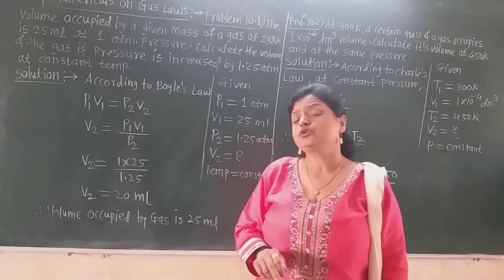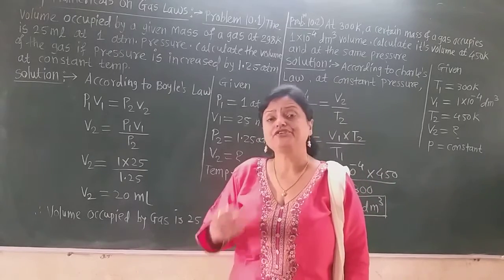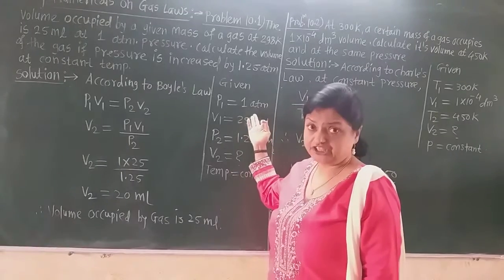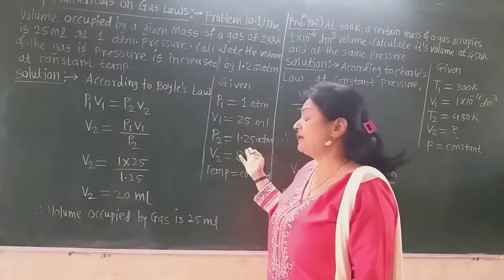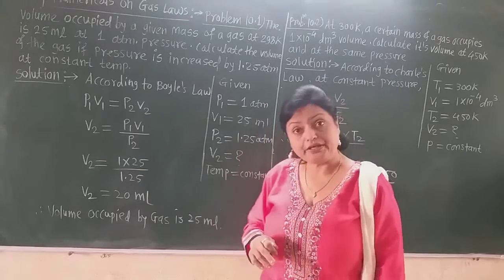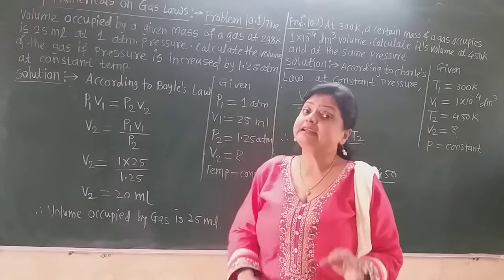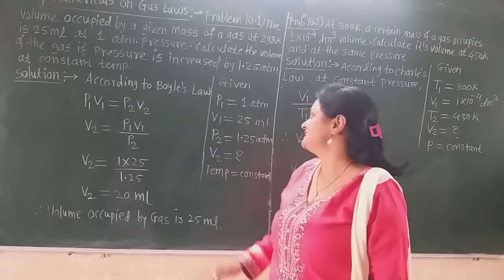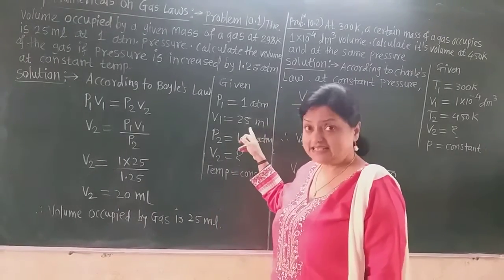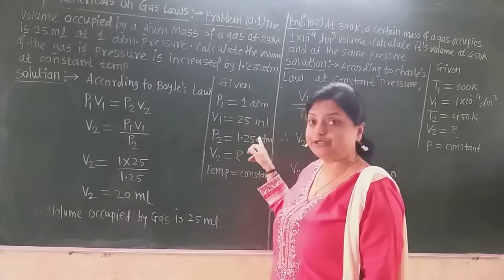One thing is also very important. We know that pressure and volume are inversely proportional. As the initial pressure is 1 atm and the final pressure is increased to 1.25 atm, there must be a decrease in volume. That means the answer V2 must be less than 25 ml.